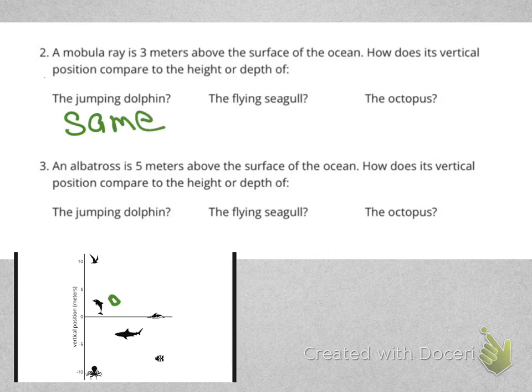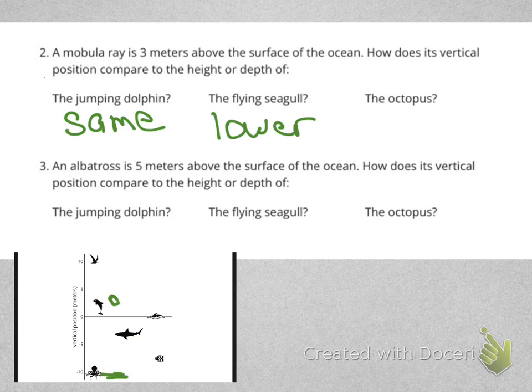Okay, alright. The flying seagull. Our flying seagull is way up here. If our mobula ray is down here, our ray is going to be lower than the flying seagull. Alright, and then the last one's the octopus.